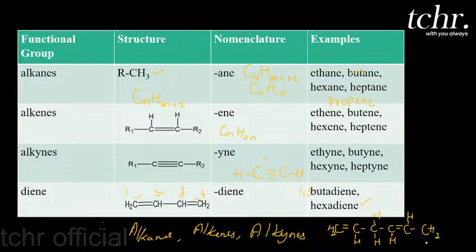Now this is hexadiene, and when you number it, it is 1, 2, 3, 4, 5, 6. So it is 1, comma 4. So what will be the name of this diene? It is 1,4-hexadiene. Is it clear how to name dienes?